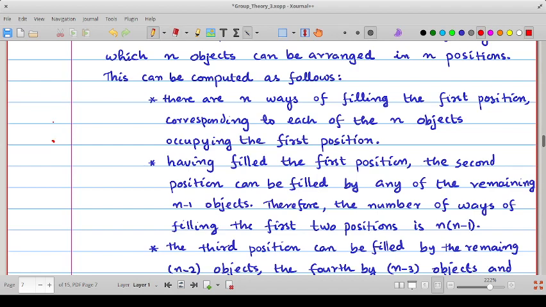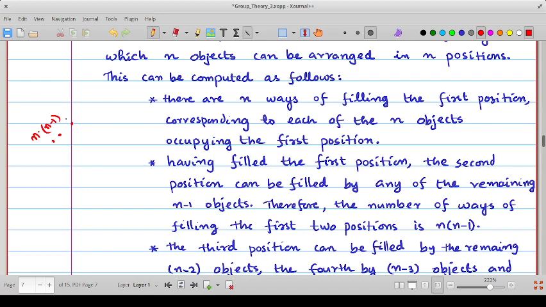It could be one of these n objects. Now in the second position, we only have n minus 1 objects left, because we have already taken one object and placed it in the first position. So for the second position, we have n minus 1 possibilities.